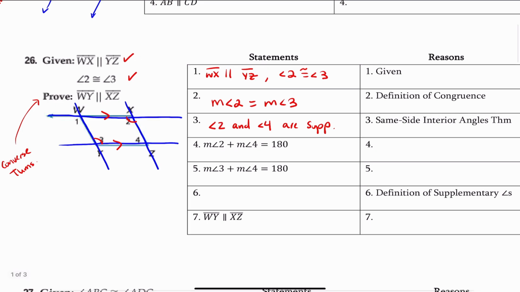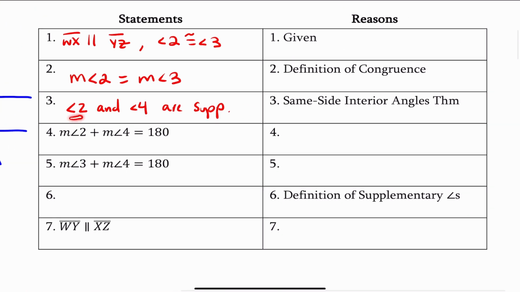And now, the fact that I know that angle 2 and angle 4 are supplementary, these are in words. So now, if I were to look at the next step, this is in algebra. But I'm not going to use definition of congruence, okay? That's when it's congruent to equal.